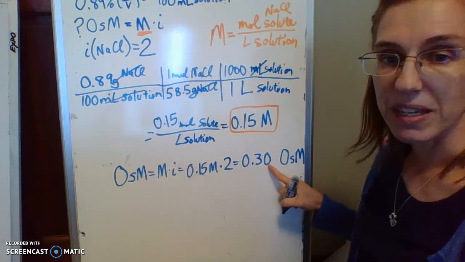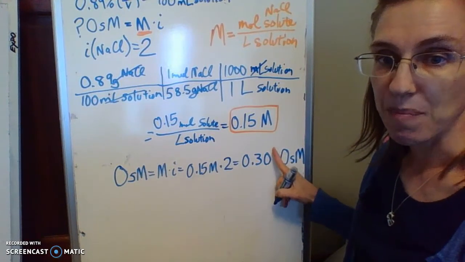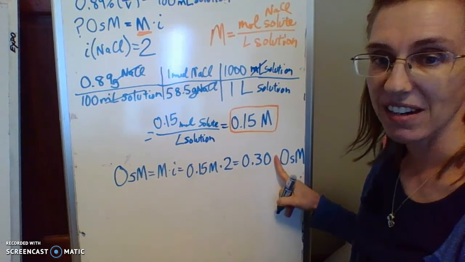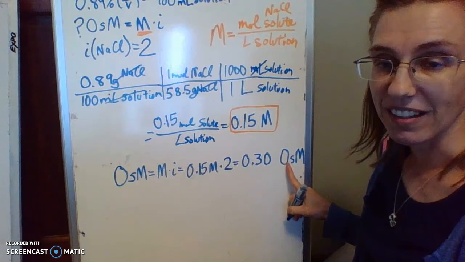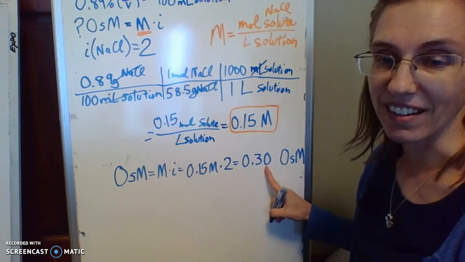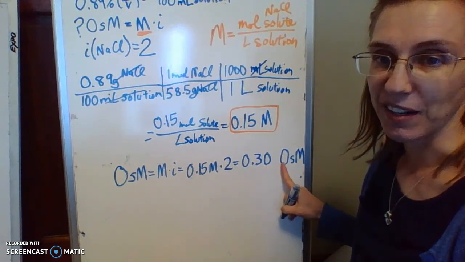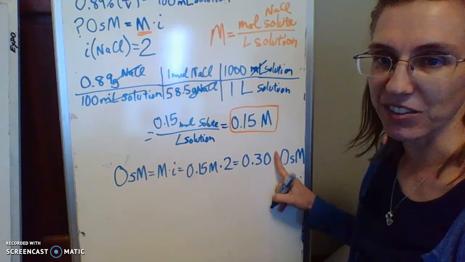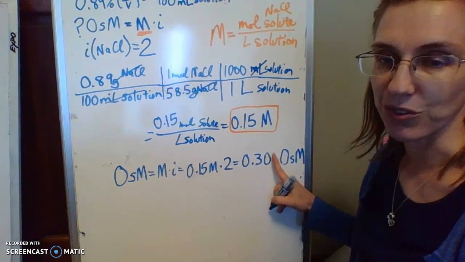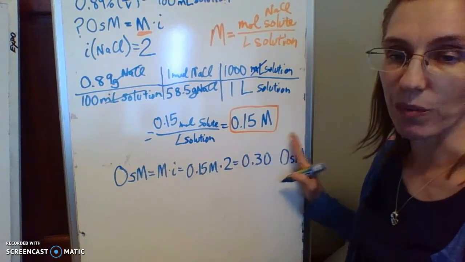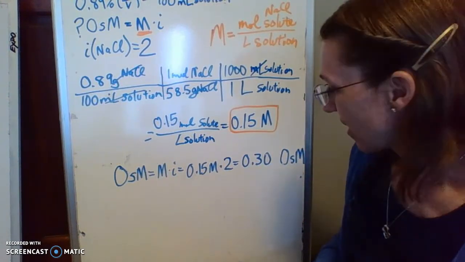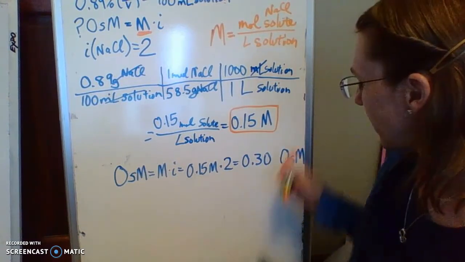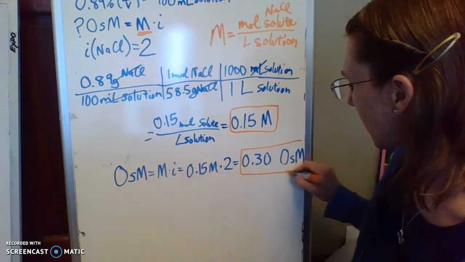Now keep in mind, I'm keeping my significant figures here. I make sure that there's a big enough space there that I don't think that that O is another one of those digits. So just make sure that you can differentiate those two so I know where the number is and where your units start. So here's our final answer on the osmolarity.